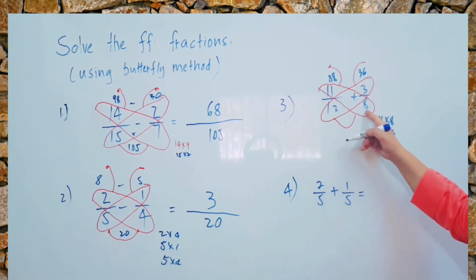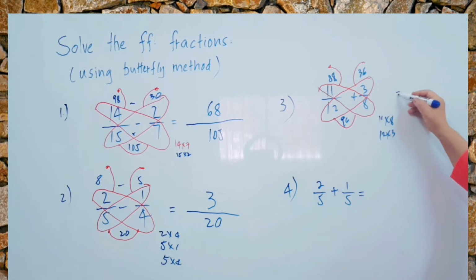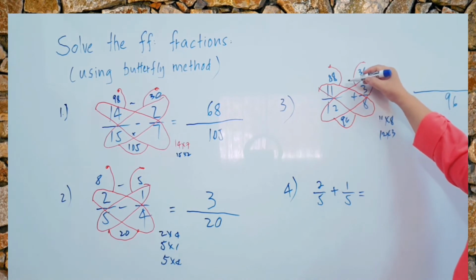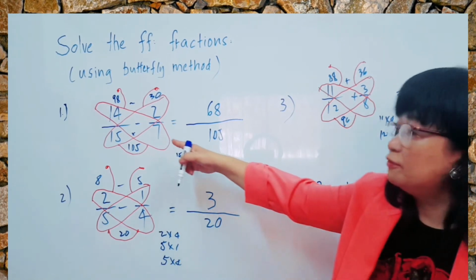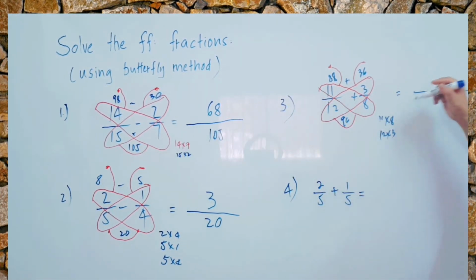Now, 12 times 8 is equal to 96. Therefore, our answer is 96, and 88, this is plus this time because this is sum. Unlike before, it is minus, so up it will be minus. So 88 plus 36 is equal to 124.